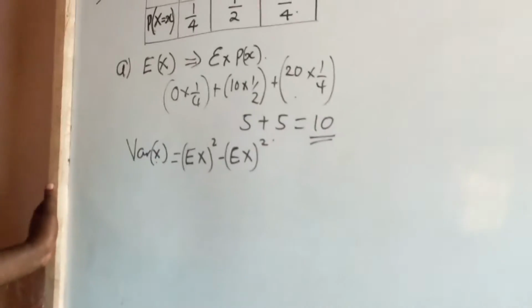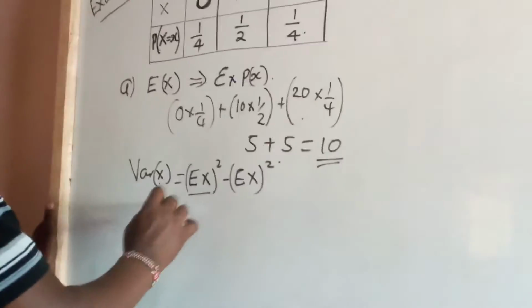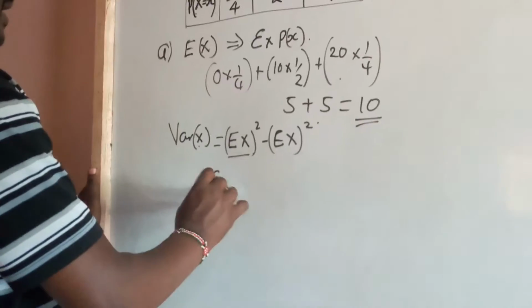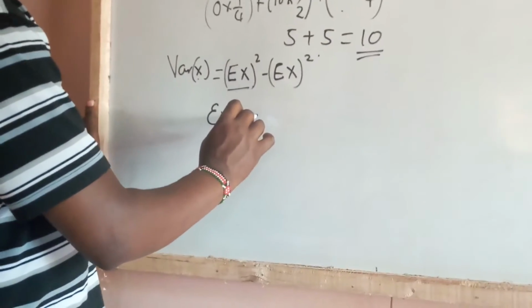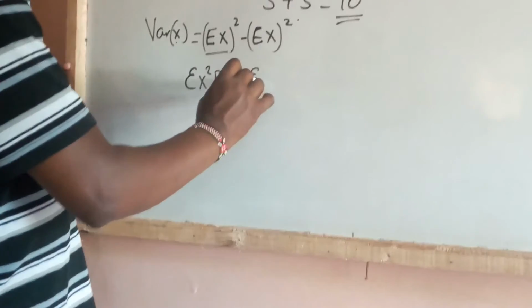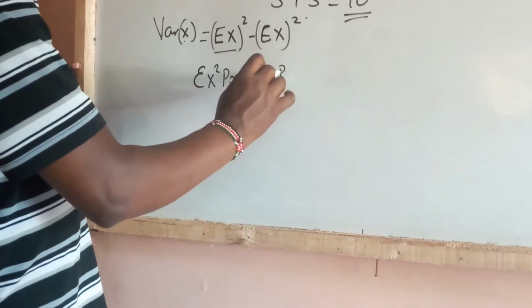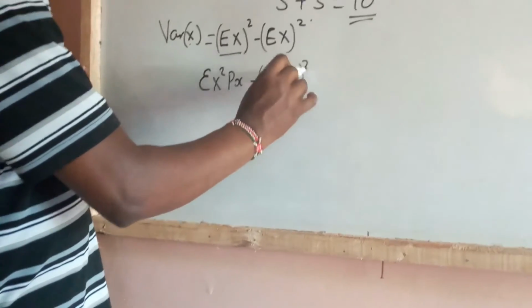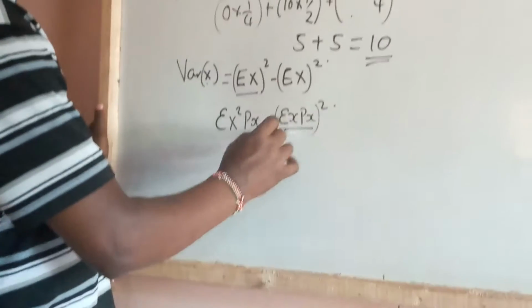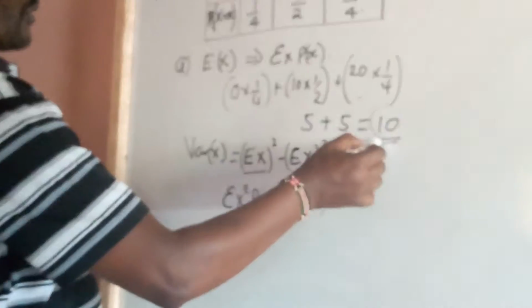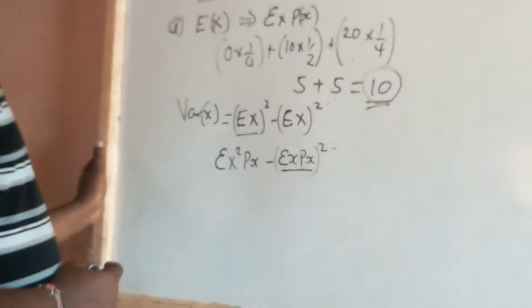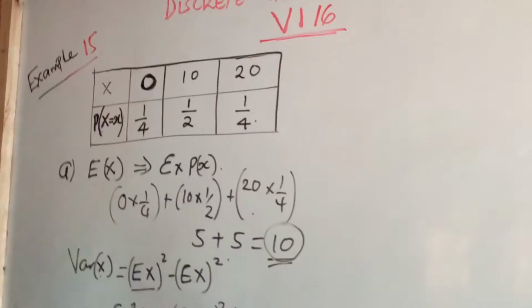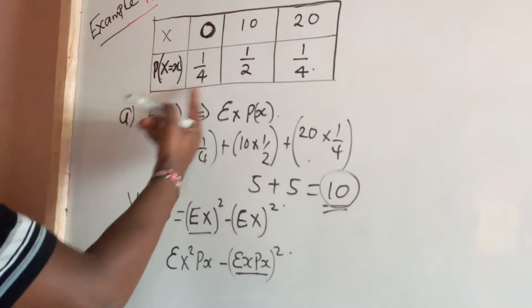The expected value of X squared is sigma x squared times the probability of x, minus sigma x times probability of x, squared. Of course, we have this in part A, which is 10. So we just have to work out E(X squared), the sum of x squared P(x). We only have to square the value of x, then multiply by the probability.